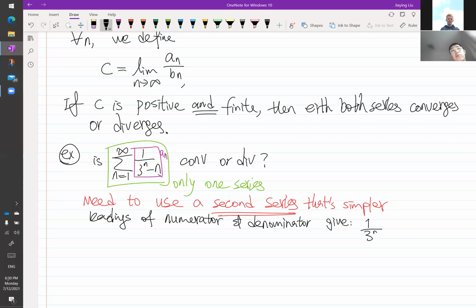So that's the leading term as n increases, right? The n that we're subtracting doesn't grow as fast as 3^n, so it's not leading the behavior of the denominator, so we just ignore that.